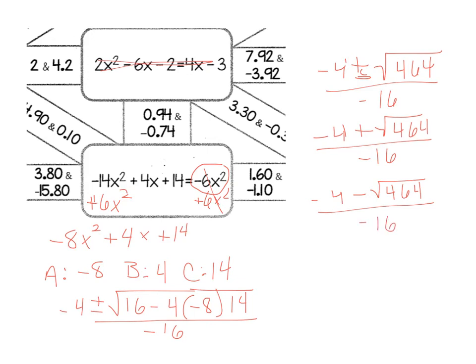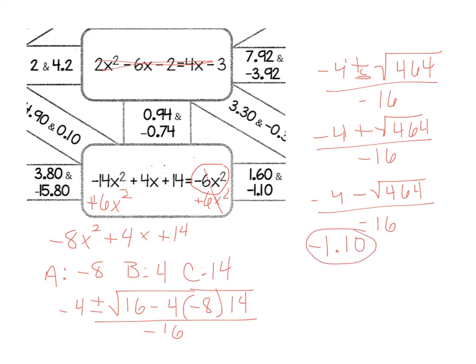I'm going to do this one first. So I've got negative 4 plus the square root of 464 equals, divide that by negative 16. I get negative 1.10 as one of the answers.